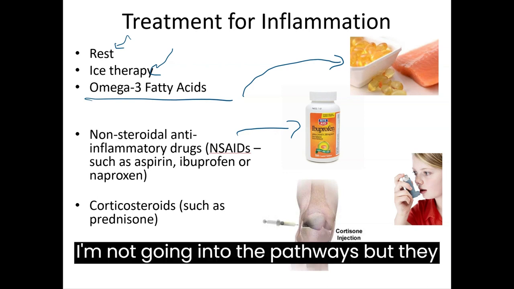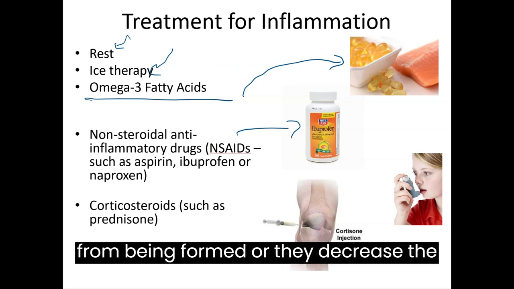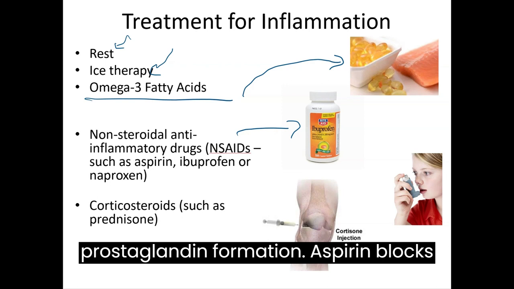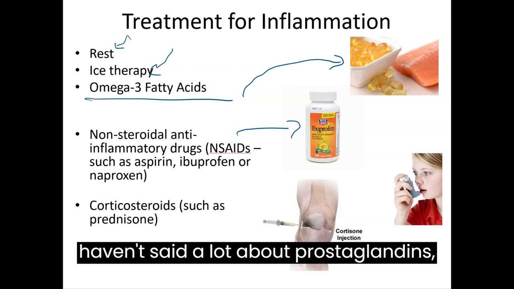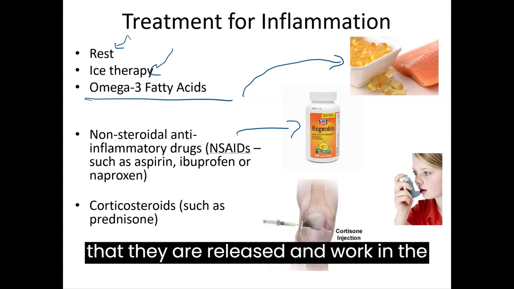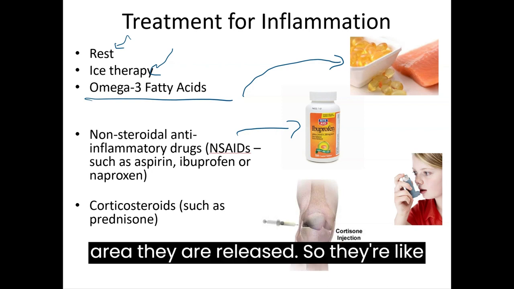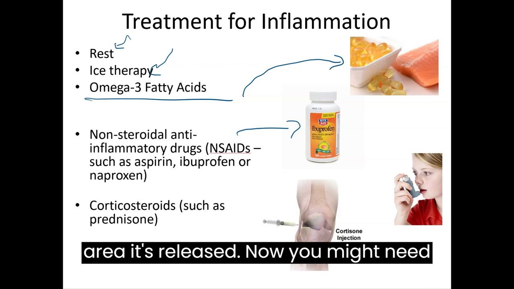I'm not going into the pathways, but they prevent those inflammatory chemicals from being formed, or they decrease the prostaglandin formation. Aspirin blocks the formation of a prostaglandin. And I haven't said a lot about prostaglandins, but they're hormone-like, meaning that they are released and work in the area they are released. So they're like a local chemical that controls the area it's released.